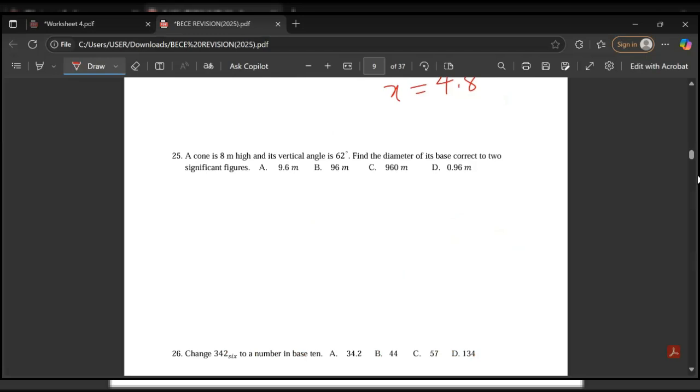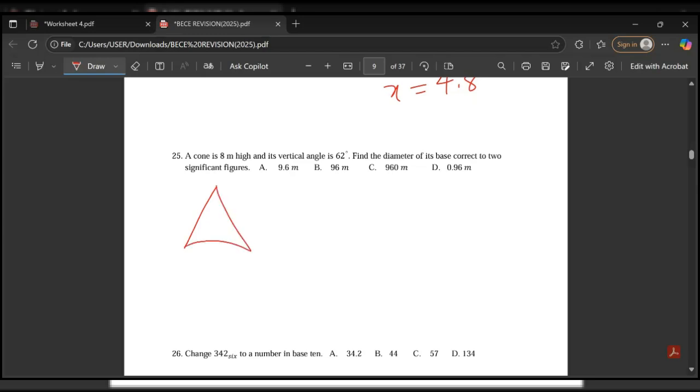Okay. A cone is 8 meters high. That's question 25 now. A cone is 8 meters high and its vertical angle is 62 degrees. Find the diameter of its base correct to two significant figures. Now a cone, let's draw the cone.